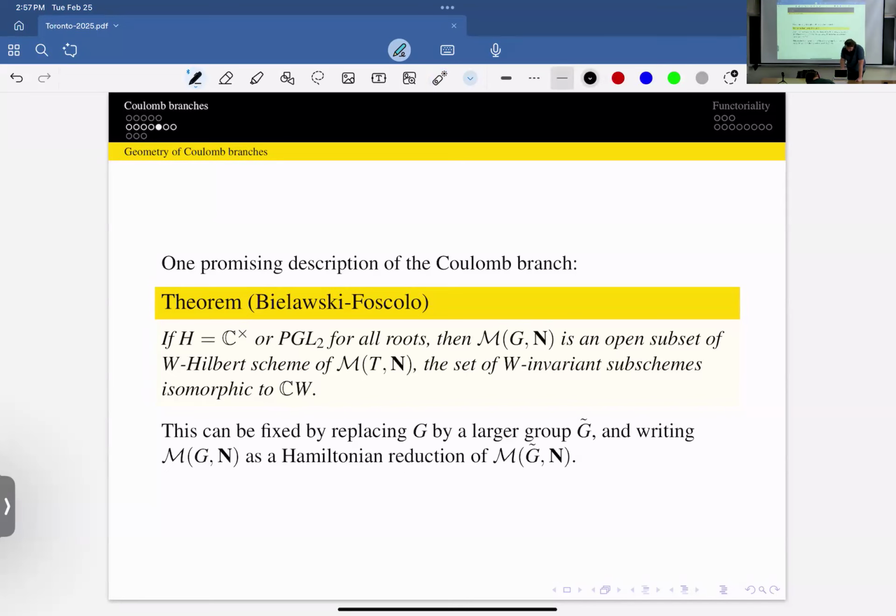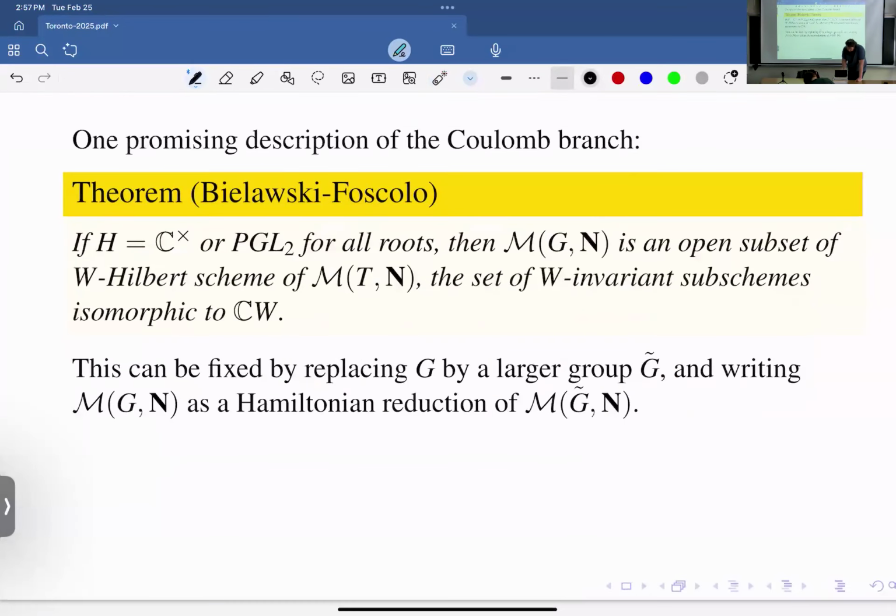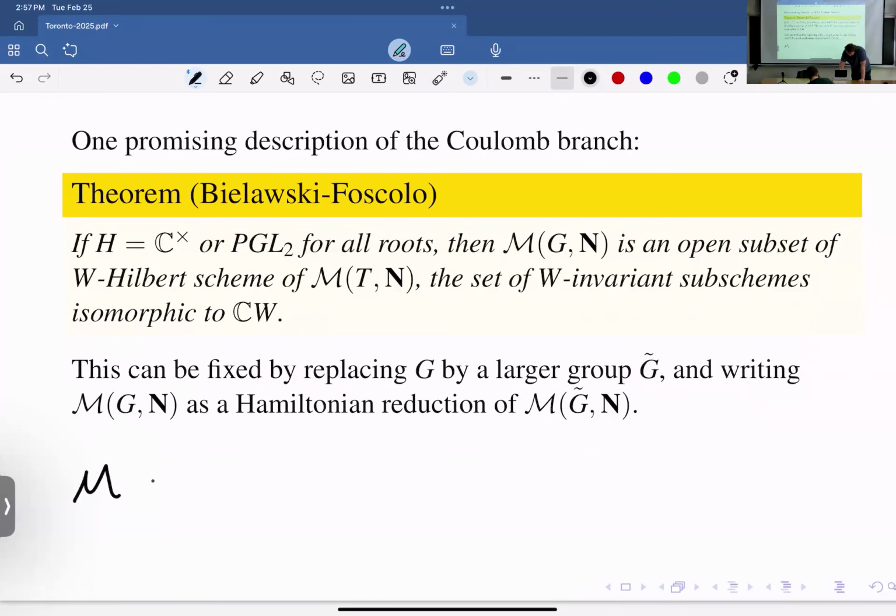There's a really nice way to think about this open subset: it's the subschemes which push forward to subschemes on T star mod W. They call this the transverse Hilbert scheme.